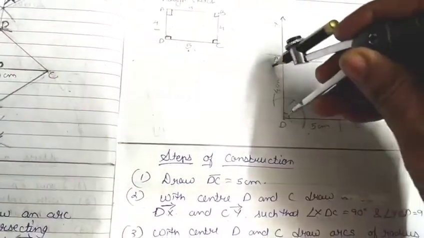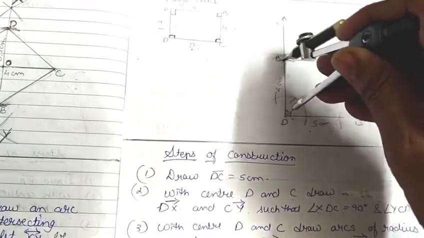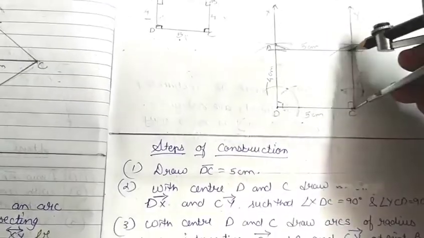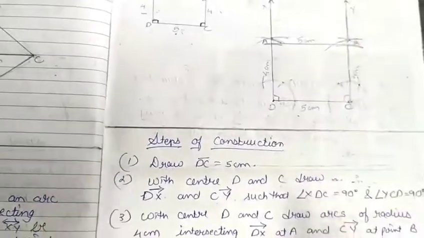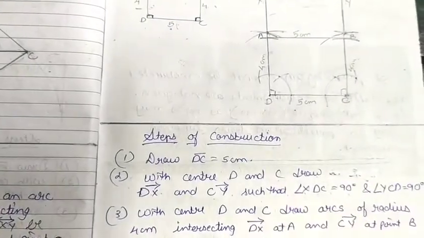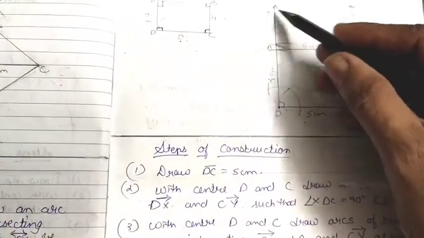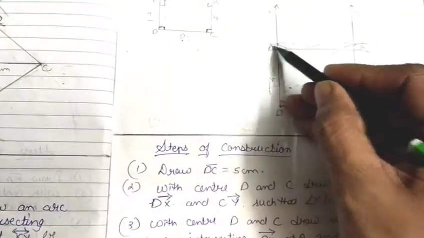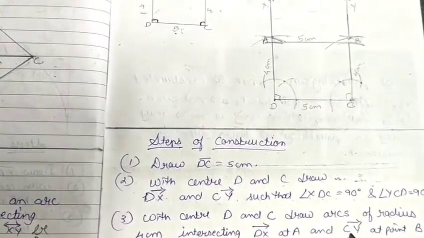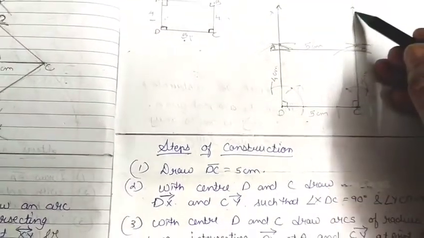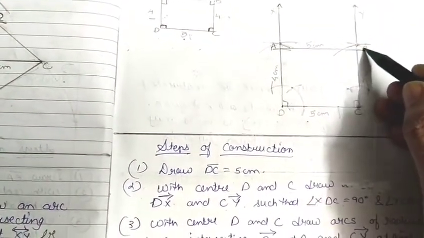With center D and with center C, draw an arc of radius 4 cm, intersecting ray DX at point A and ray CY at point B.